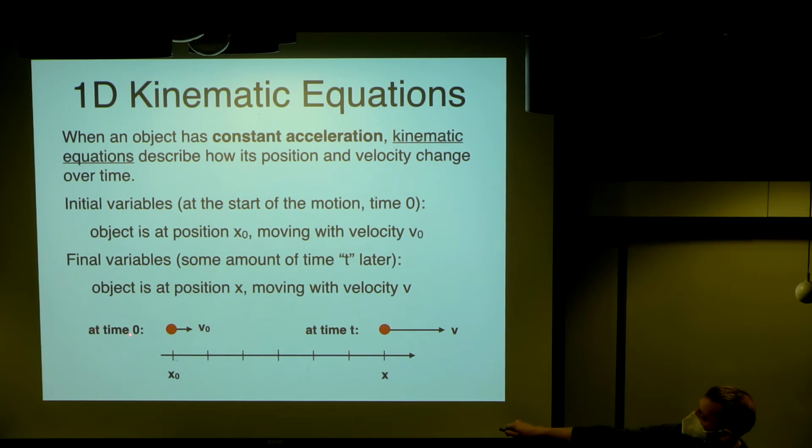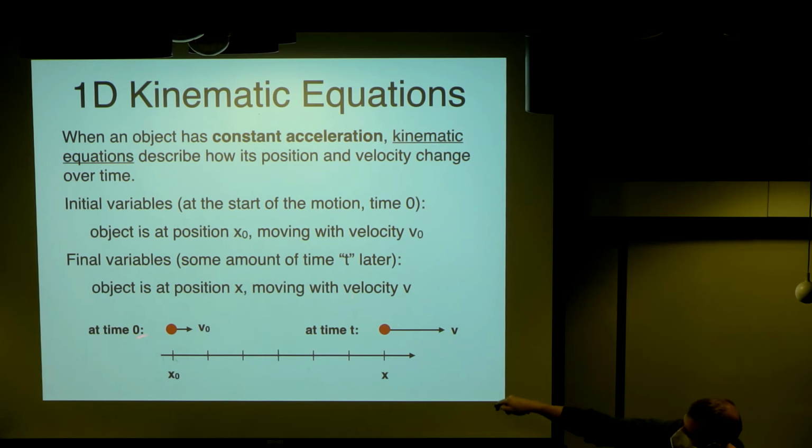At time t equals 0, that's our initial state. We have an object, and it's located somewhere at that time. We call that the initial position. x0 is initial position. We use x0 because it corresponds with time 0, okay? Also, at that starting time, this object might have some velocity, so we'll call that v0. That's our initial velocity.